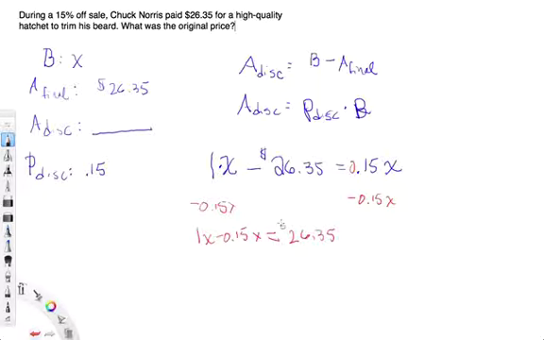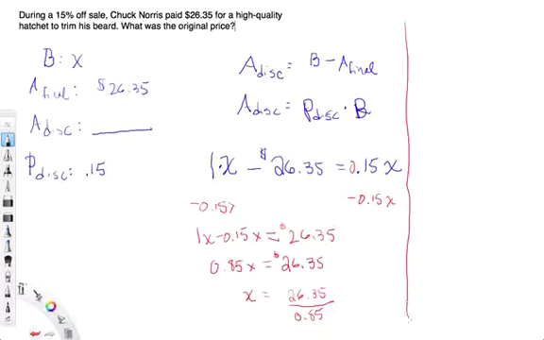That's where I get $26.35 over here. 1 minus 0.15 is 0.85x, which equals $26.35. X is $26.35 divided by 0.85. And now I think this is fair to ask you to do without a calculator.